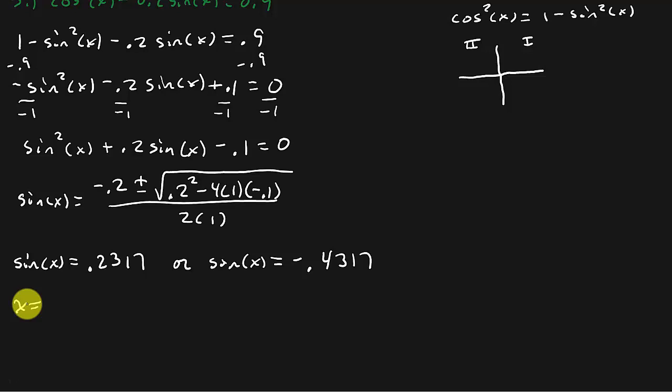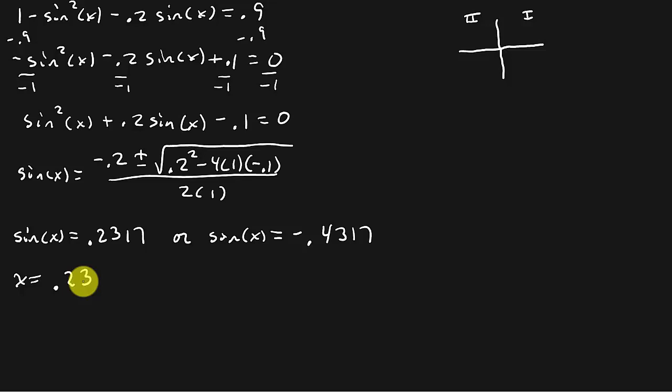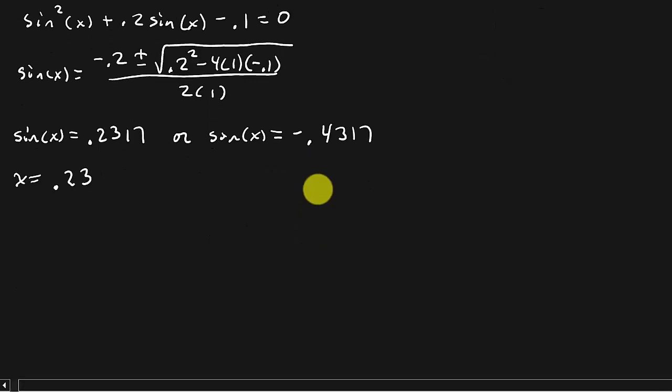The important thing here is when you take the inverse sine, make sure your calculator is in radians, because we're finding our angle measures in radians. So that's inverse sine of 0.2317, and I'm going to round these to 2 decimal places: 0.23. That's the angle, 0.23 radians. That's my angle measure.